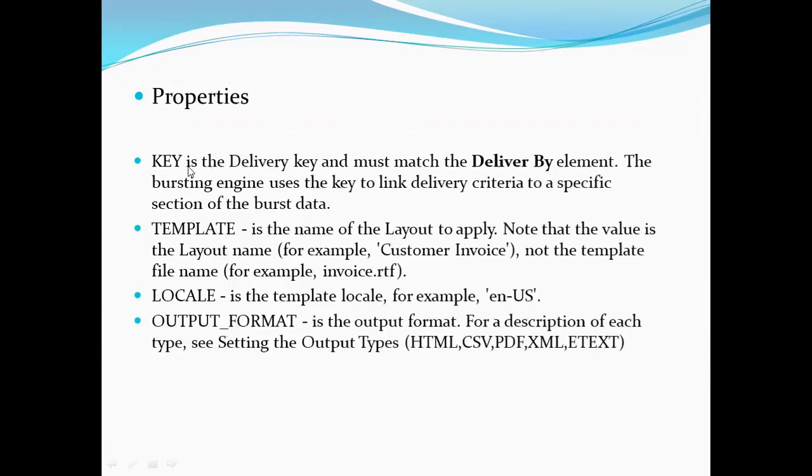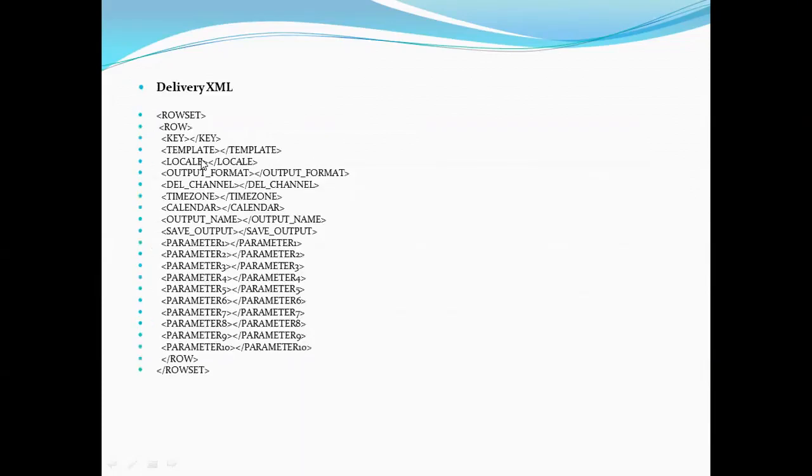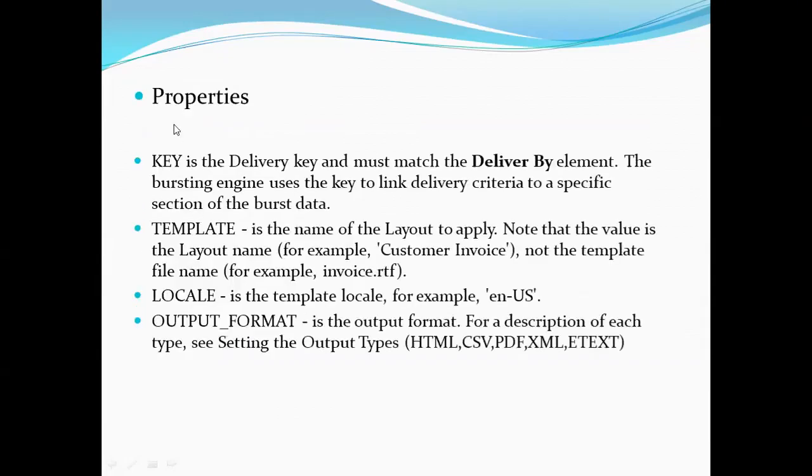These are the properties. We'll see a couple of properties about these: key, template, locale, and so on. The key is the delivery key and must match the delivery by element. The bursting engine uses the key to link delivery criteria to a specific section of the burst data.